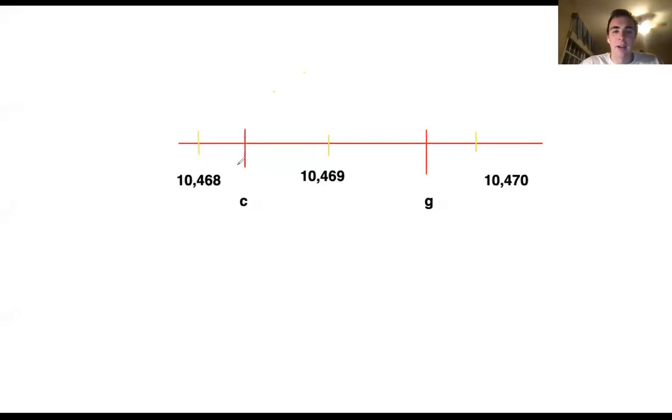So, if we take the difference between this number and this number, we get 2, right? But if the numbers were represented so that it was 10, 4, 6, 9, I'll highlight this in red.